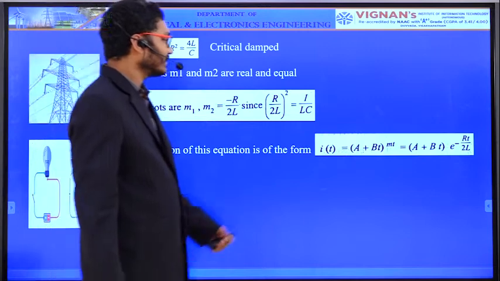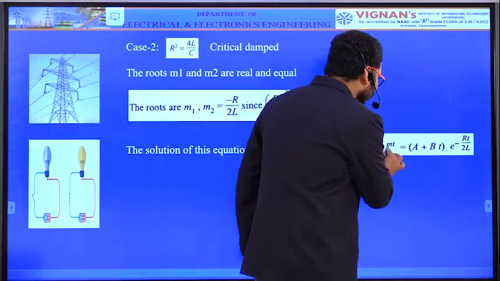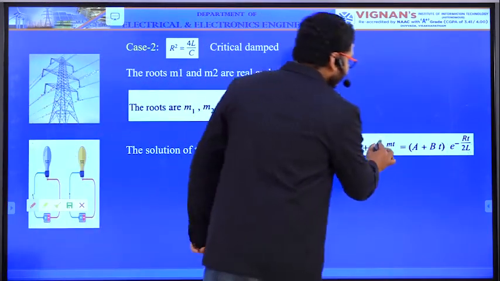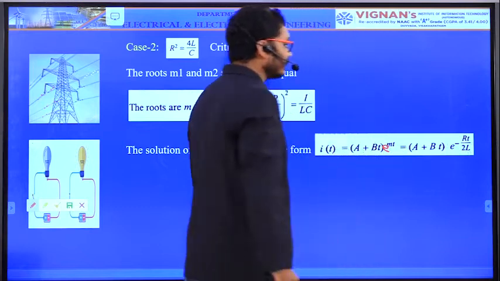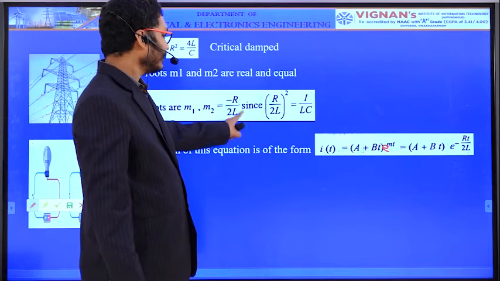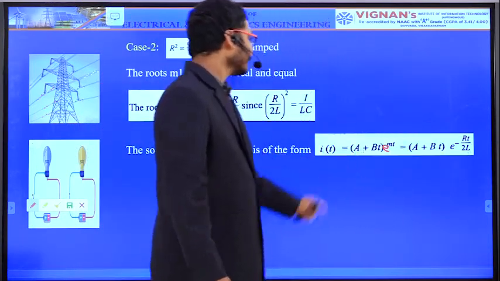So the solution is (a plus b t) e to the power of m t, where m equals m1 or m2, that is minus R by 2L. Just substitute this. So this is the i of t value.